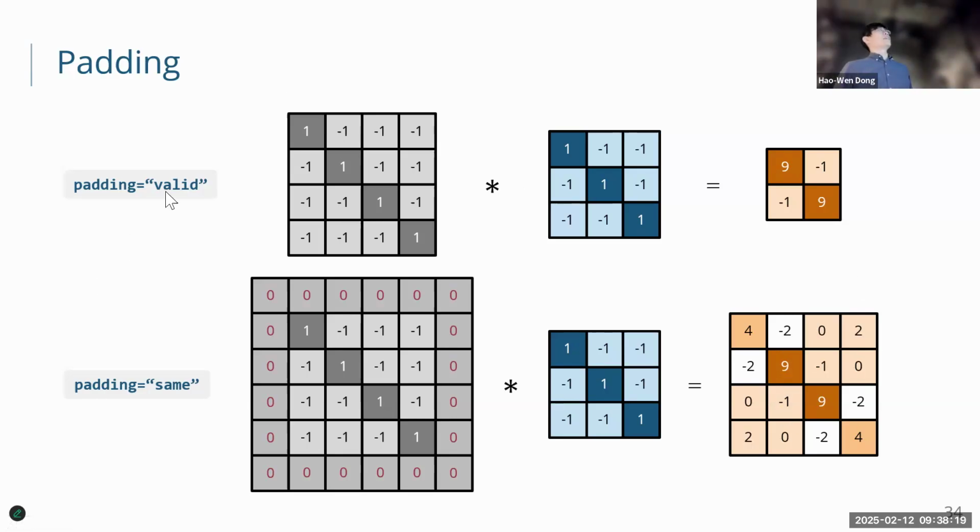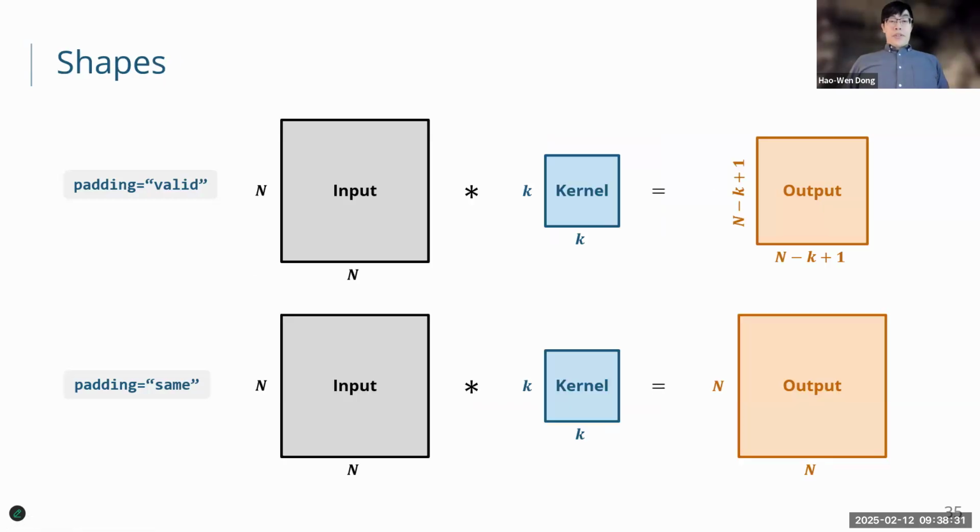If you're doing padding equals valid, which is usually the default, you will shrink your image, and sometimes that's very hard to deal with. In terms of how it works, your shape will be n minus k plus 1. If you are doing padding equals same, you'll get the same shape.